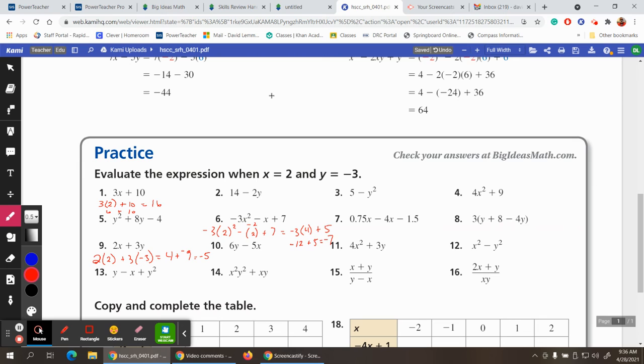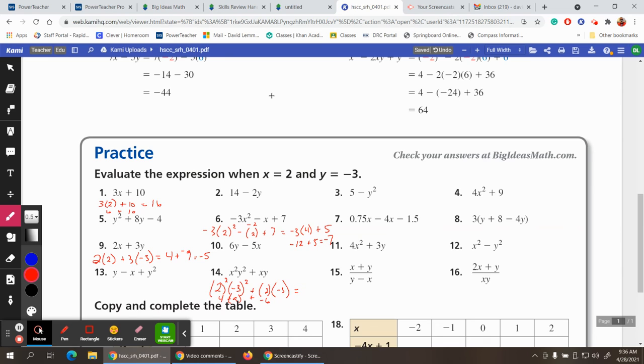And then this is going to be 2 squared, negative 3 squared, plus 2 times negative 3. So that is a 4 times 9, plus 2 times negative 3 is a negative 6.